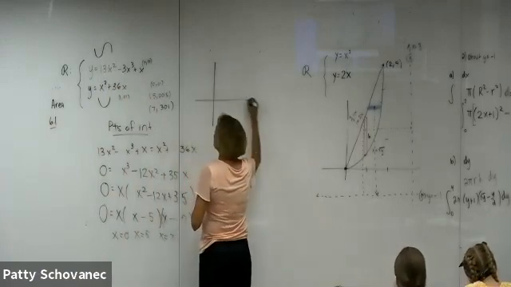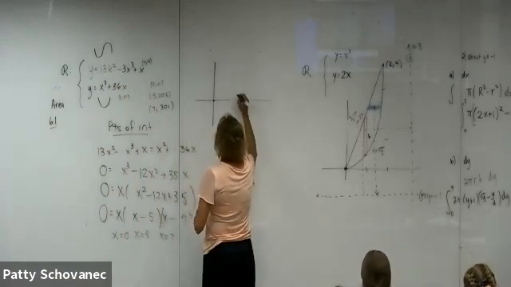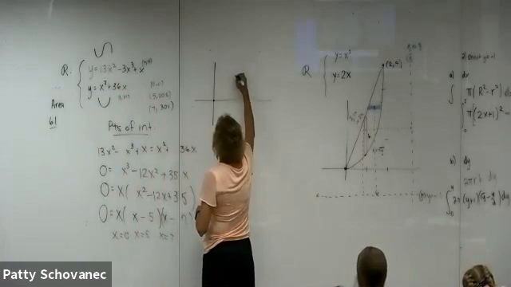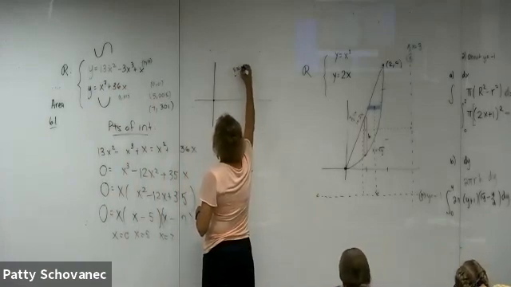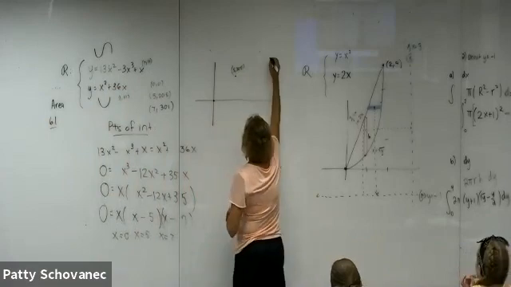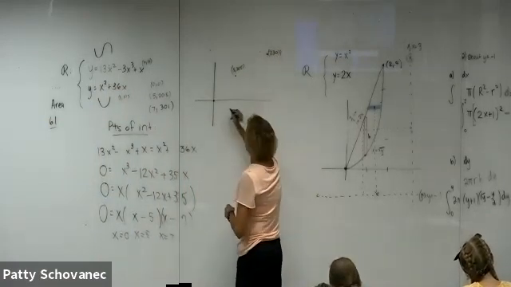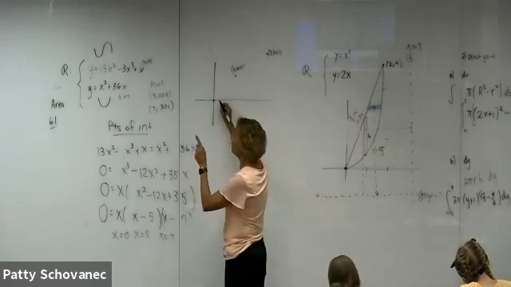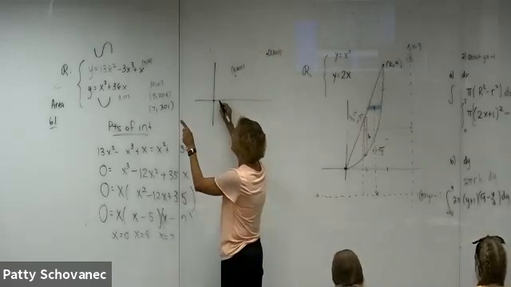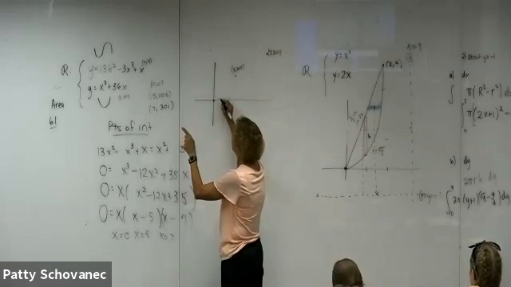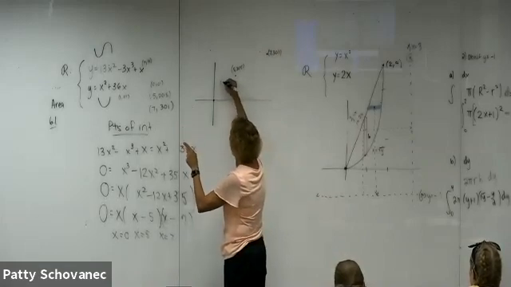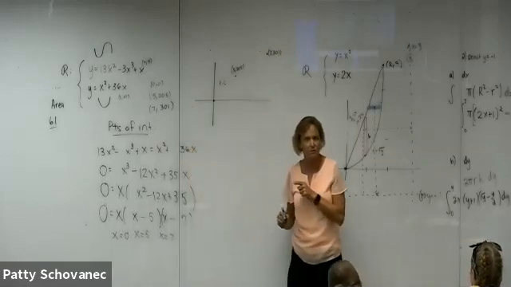Okay, so let me get those points on here. 0, 0. Here's 5, 205. And here is 7, 301. So when I plotted the 1, I got a bigger y value from the parabola than I did from the cubic function. So here I'm going to take parabola minus the cubic function.